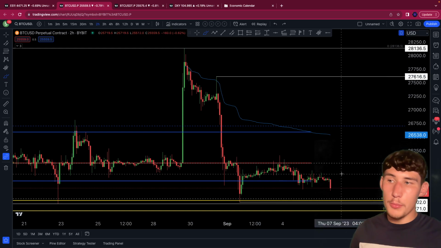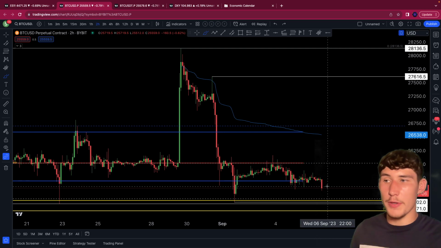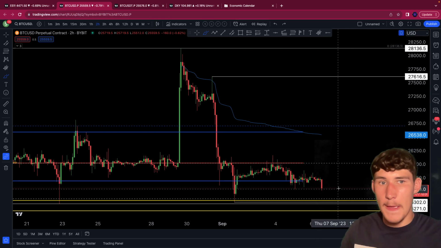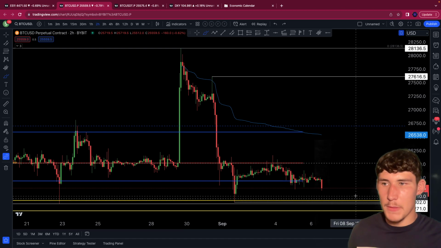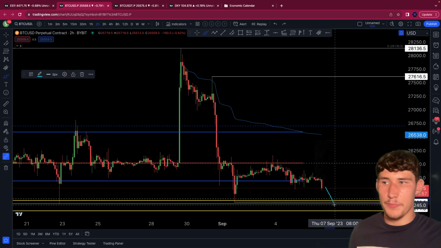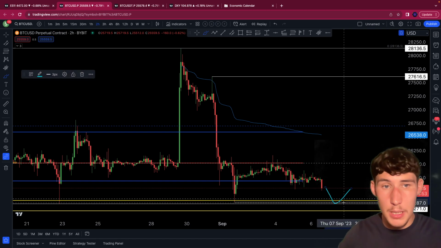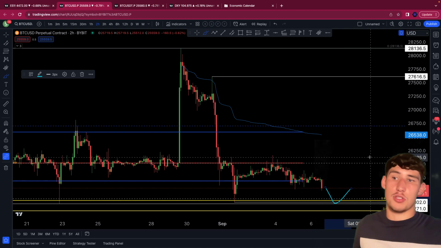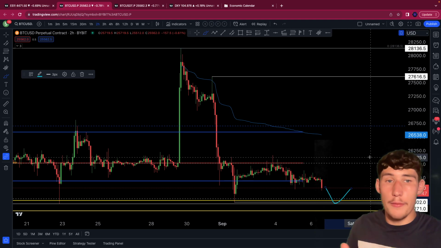Those are the targets towards the upside, but I'm focusing on the targets towards the downside. Why is that? Because I am expecting lower prices. When I say I'm expecting lower prices, that could just be us taking out this low here, or it could be a much bigger pullback, all the way down to 25,000, 24, 23, however low it wants to go.